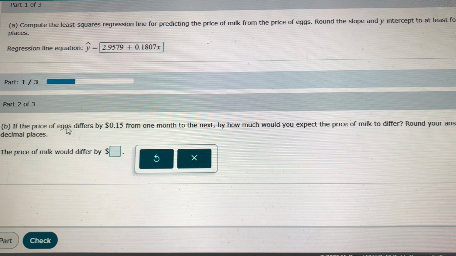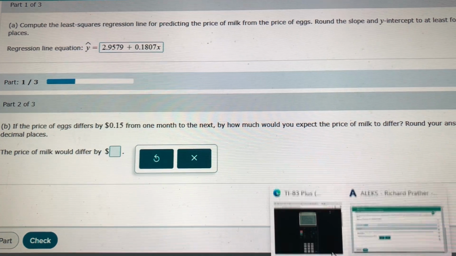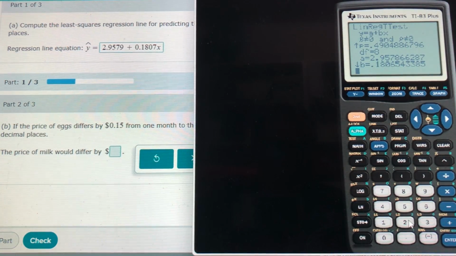If the price of eggs differs by 15 cents from one month to the next, how much would you expect the price of milk to differ? What that means is plug 0.15 in for x, because eggs are the x's. So take your equation, 2.9579 plus 0.1807, and multiply by whatever x they give you, 0.15.